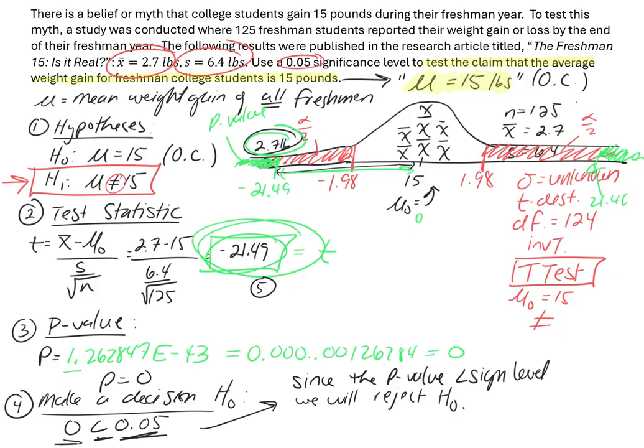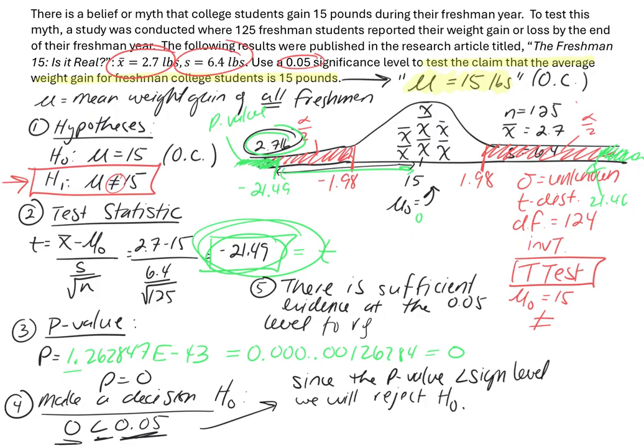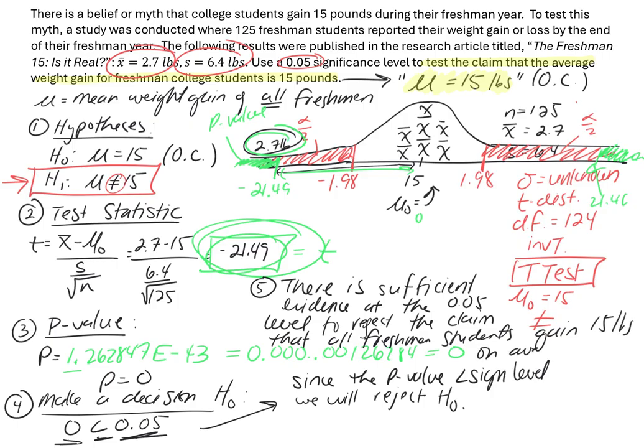It means that there is sufficient evidence at the 0.05 level to reject the claim that all freshman students gain 15 pounds on average.